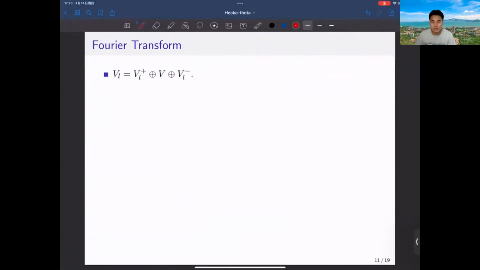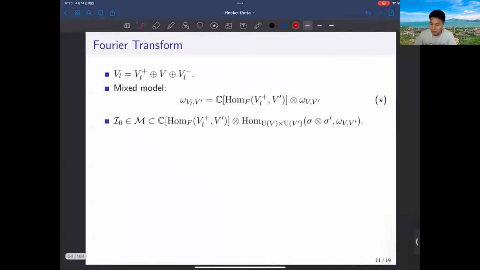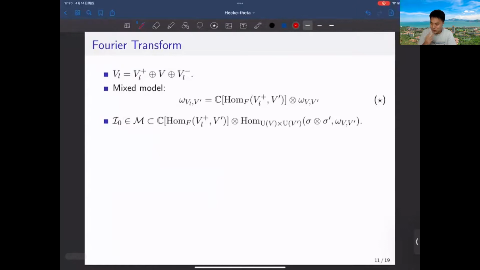Basically you use mixed models, and let's choose a Fourier transform, and this is related to the Fourier transform. Let's fix the mixed model like this. So if VL is decomposed in this way, it can be seen that the multiplicity space in our case is V0, which is one dimensional.